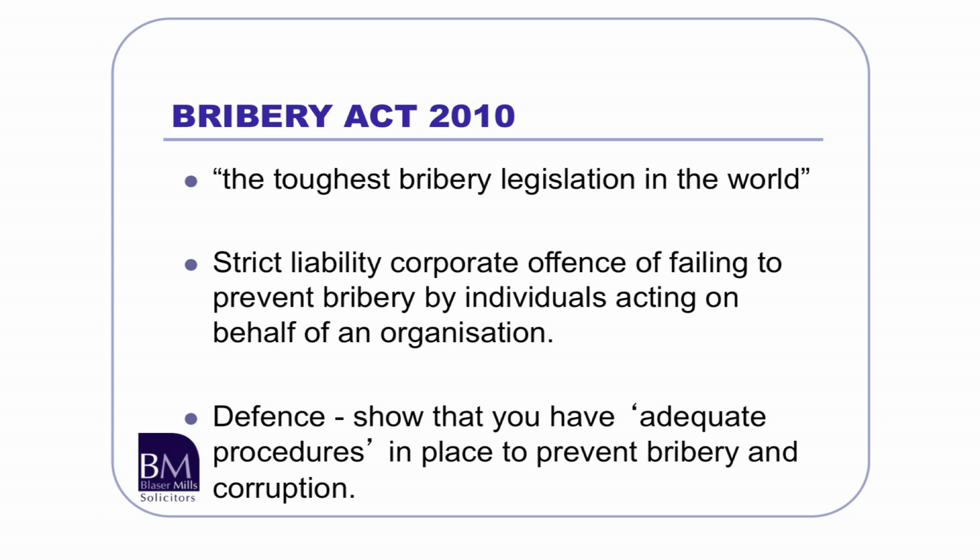And around the world, there's plenty of buzz about this, and I don't think anybody would disagree. Under the Bribery Act, it is a strict liability offence of failing to prevent bribery by individuals on behalf of the organisation, and that's directors, it's also employees, it's also contractors. Anyone who is acting on behalf of that organisation may be guilty of an offence.